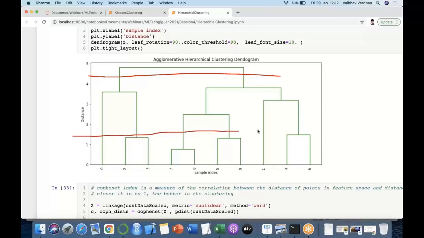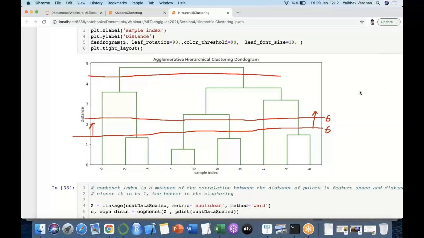I'll make a cut over here, right? And if I move this line up, what is the maximum distance I can move it through without having a different number of clusters? So over here I have 1, 2, 3, 4, 5, 6 clusters. If I move it up till this point, it is giving me 6 clusters. Okay.